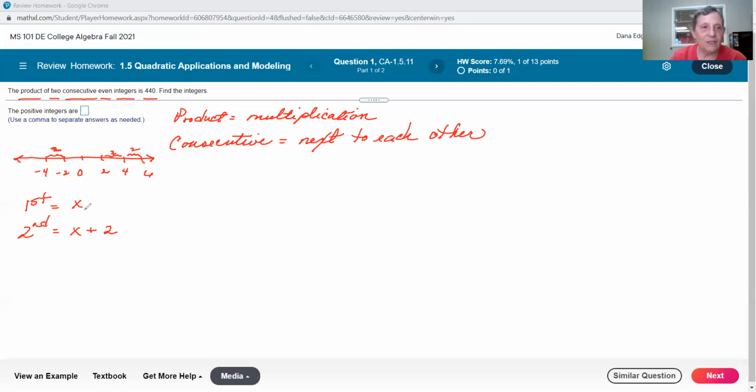plus 2. So if we let our consecutive even integers be represented by x and x plus 2, their product is going to be x times x plus 2. And in this case, the condition we're given is that the product is equal to 440. So that's how you set it up.